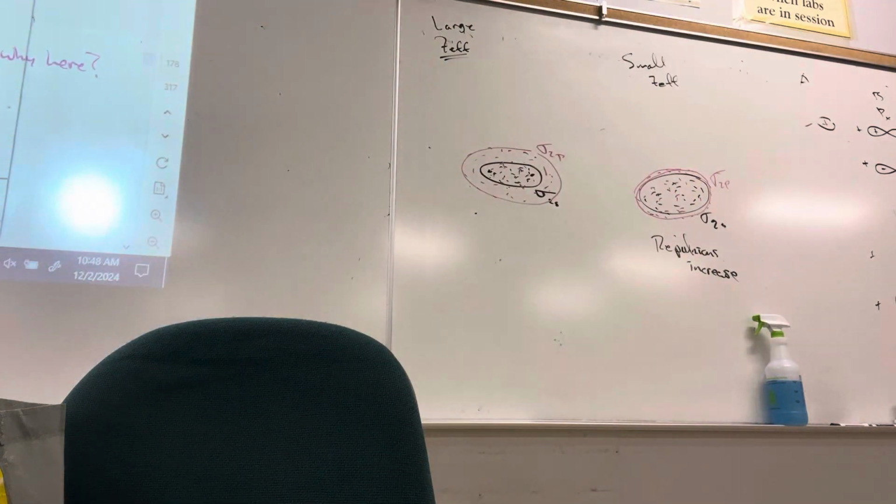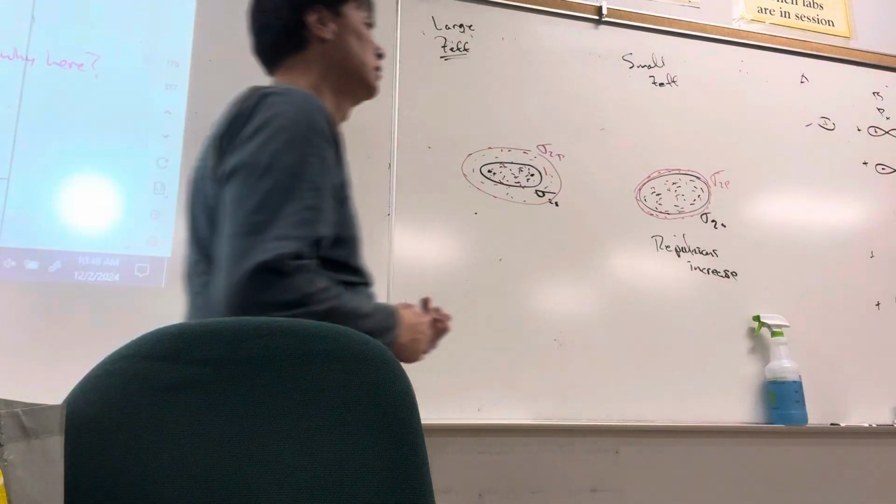So this bump up in energy is due to repulsions with the sigma 2s. And so it gets bumped up because it's being repelled, the sigma 2p electrons. The sigma 2s again are more penetrating.